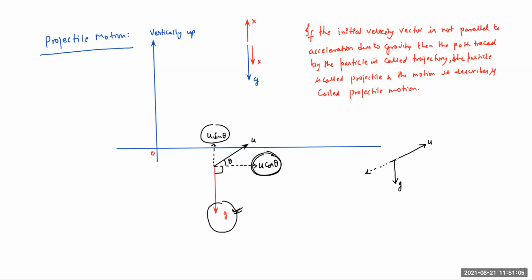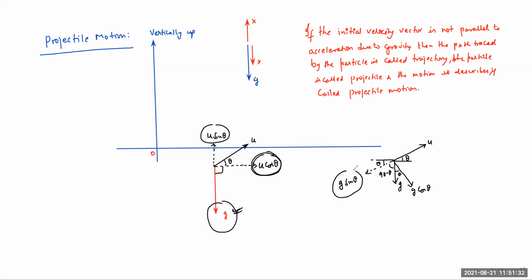If I call this angle theta, this is also theta. So now g will have a component g sin theta, because this is 90 minus theta, and g will have a component g cos theta like this as well.